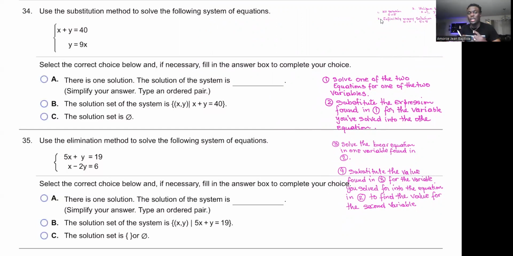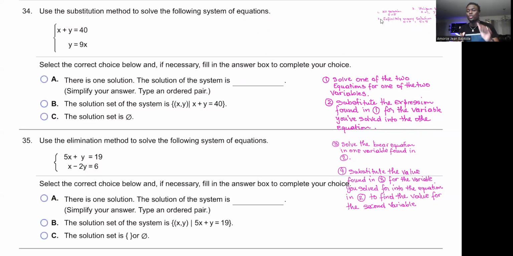It's your choice which equation and which variable you solve for. Sometimes one of your variables will already be solved for, so you don't have to take this step. But if you don't have a variable that is already isolated, you first need to solve one of the equations for one of the variables.